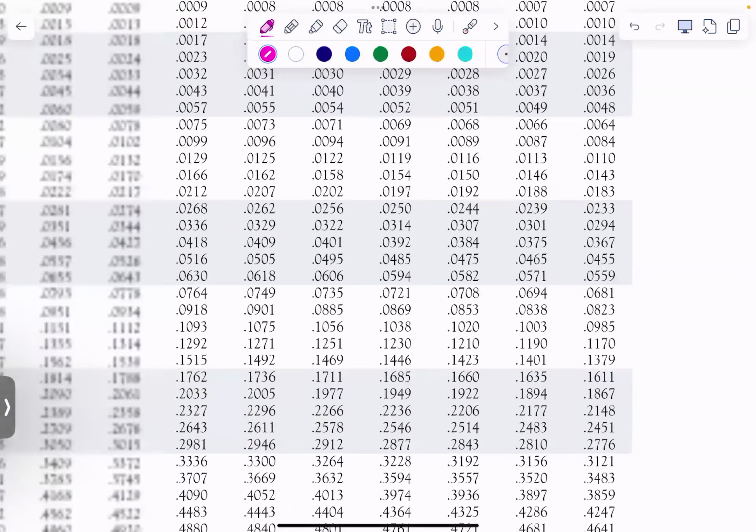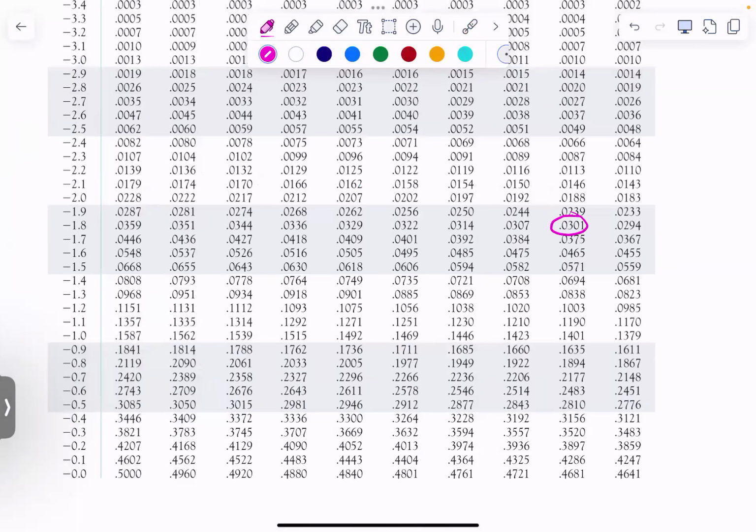Well, we've decided 0.0301 is the value closest, which maps to, wow, extra boring, negative 1.8. You're going to think all the Z's start with negative 1.8. They don't.